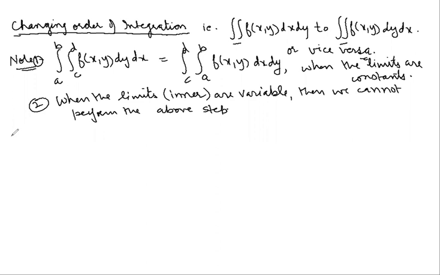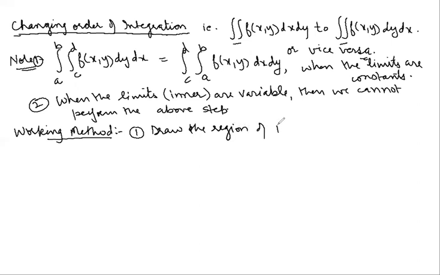ठीक है, तो इसके लिए हम क्या करेंगे, when the limits are variable, so we have the 3 steps which we can do for changing the order of integration. ठीक है, so working method में आप क्या करोगे, that is to change the order of integration, first of all, draw the region of integration. Region of integration, as we have done in some questions also, previous question also. Okay, the second one is change the orientation of the strip.